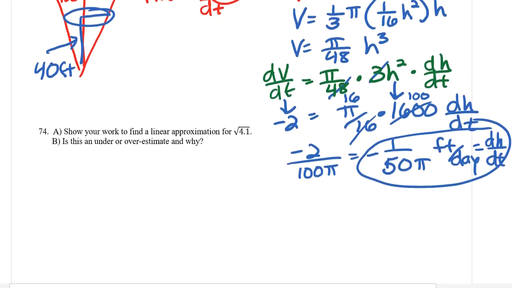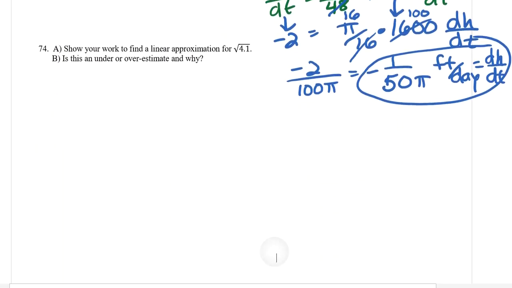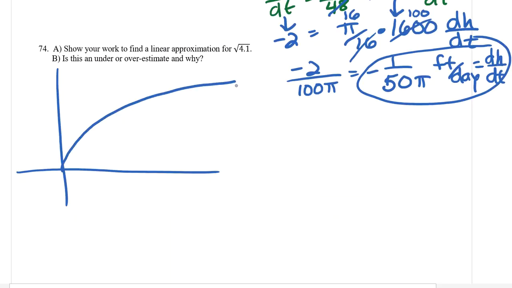All right, and then in question 74, we're looking for a linear approximation of the square root of 4.1. So our square root function, we know is concave down, and what we're asked to find here is the square root at 4.1, and of course we don't know that, but we do know the square root of a nearby point.